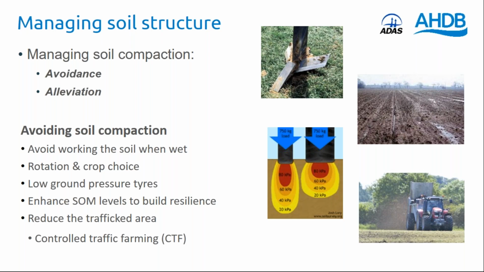Trying to alleviate compaction below 40 centimetres depth is very difficult to do. You can't really get a bit of kit down there. That's where it's more to do with long-term improvement, trying to encourage roots to get down there, trying to encourage the biology to alleviate that deep-set compaction, and avoiding it in the first place.